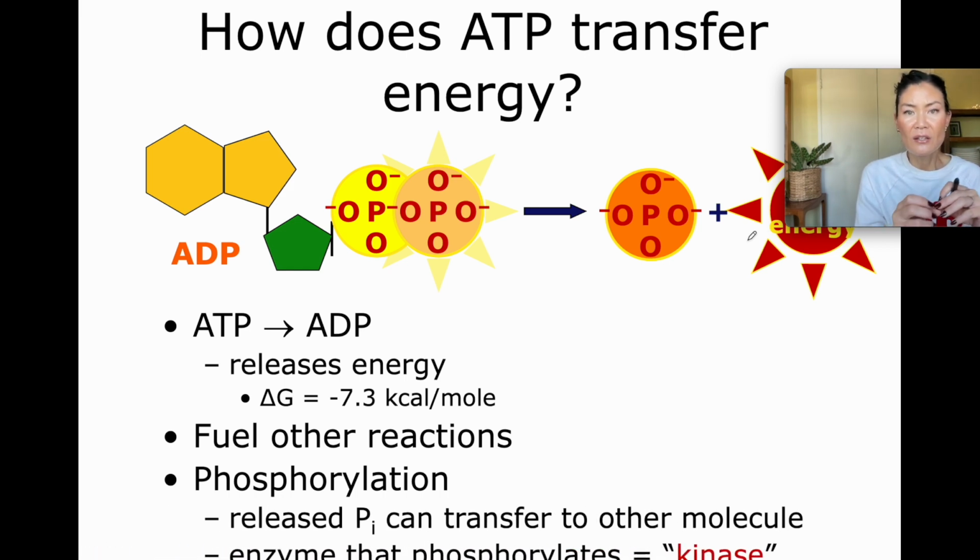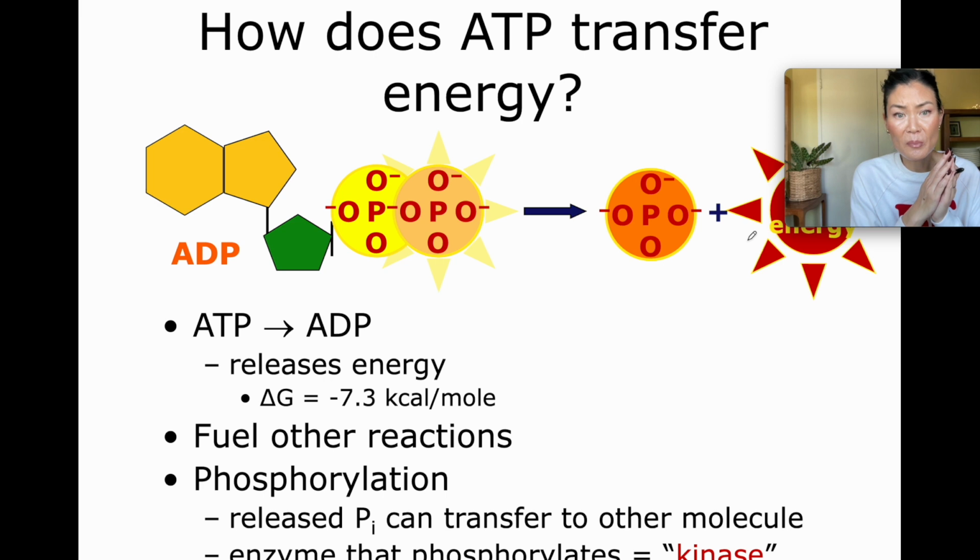In the phosphorylation process, that inorganic phosphate doesn't just attach to the molecule. It needs to attach using an enzyme. There's an enzyme called kinase that brings that phosphate group and the molecule that's being phosphorylated together. Remember what enzymes do?